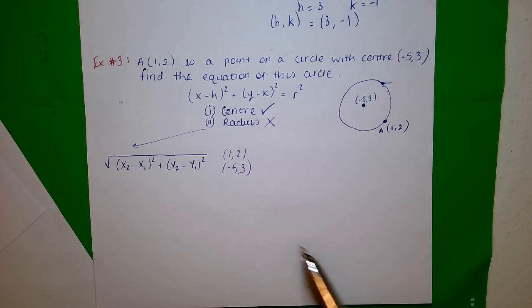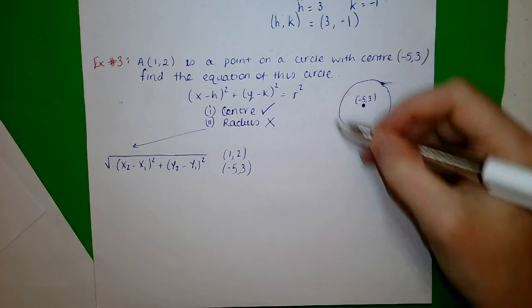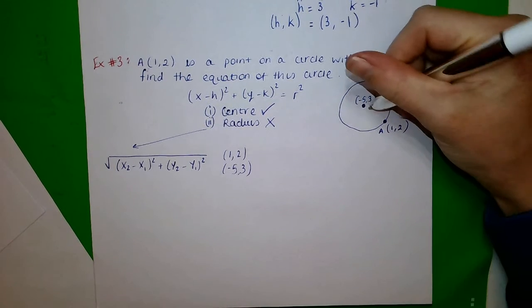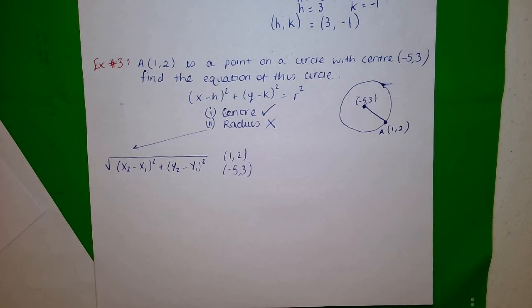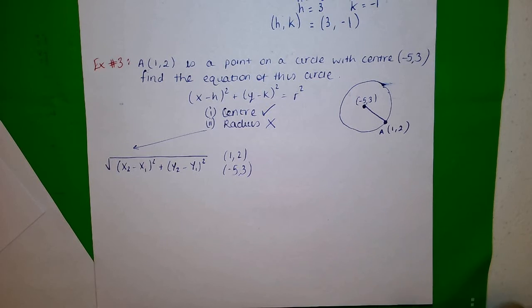The only piece of information is they've given us a point on the circle, and on the circle just means it's somewhere on the circumference. If you join these two points up, that is actually a radius. So if we could find the length of that, then we'll have the length of the radius.